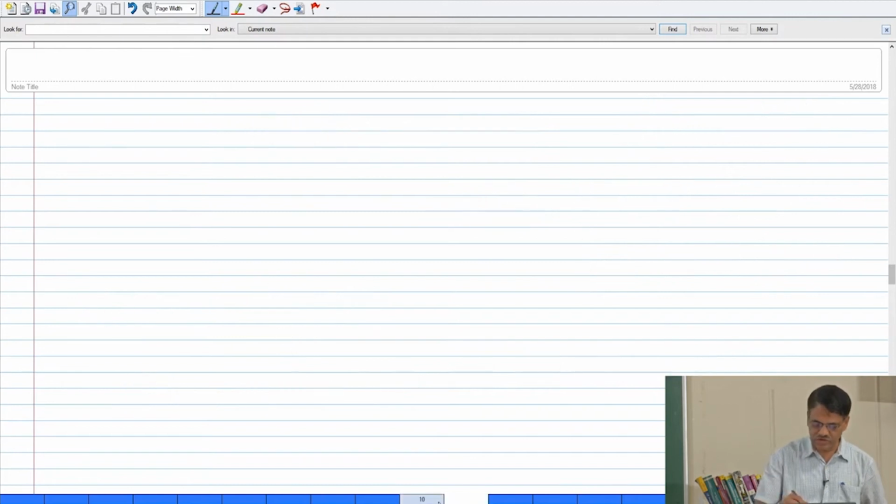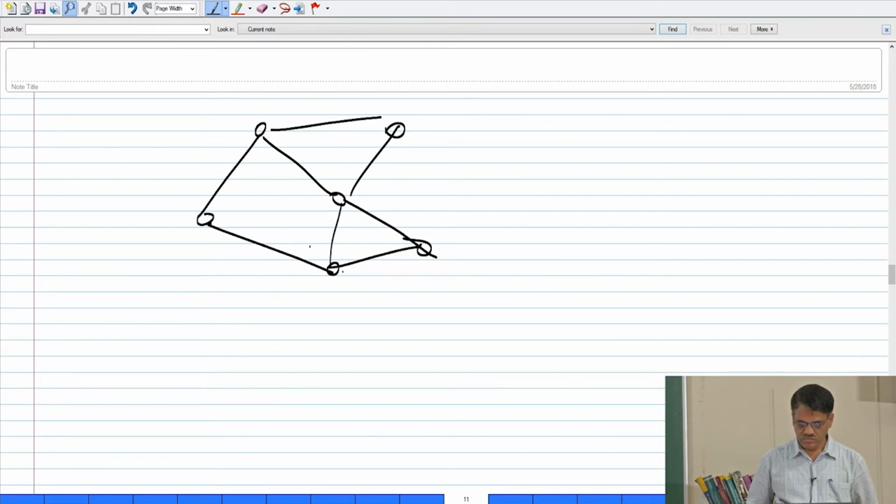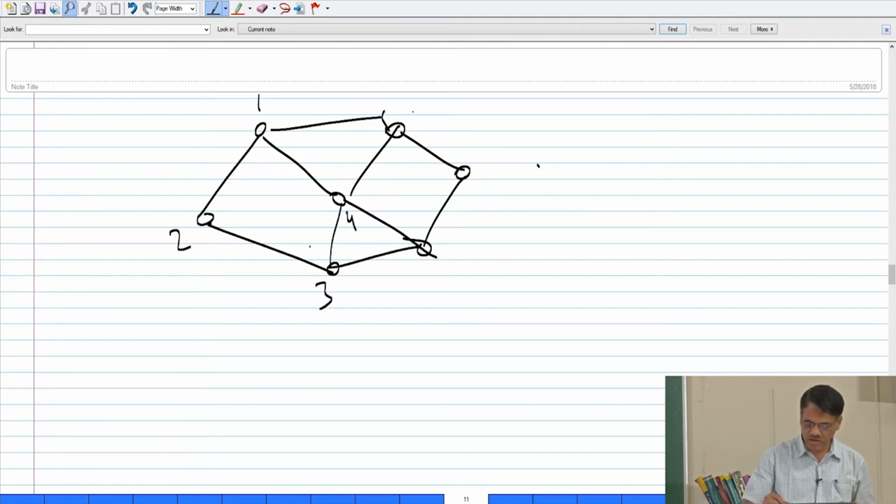So let us do an example. Here is my graph. I believe this graph does not have a Hamiltonian cycle. Here are the vertices and edges of the graph.